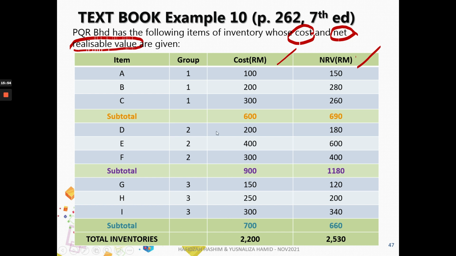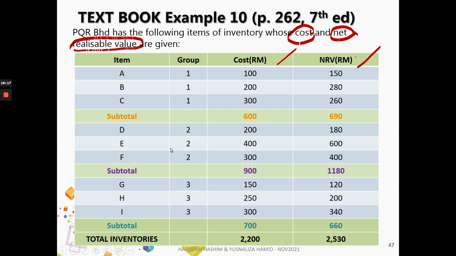So these are the groupings that have been done, where the items were categorized according to the group, and you also have the cost according to the item. The total for the inventories is 2,200, and the NRV was 2,530.